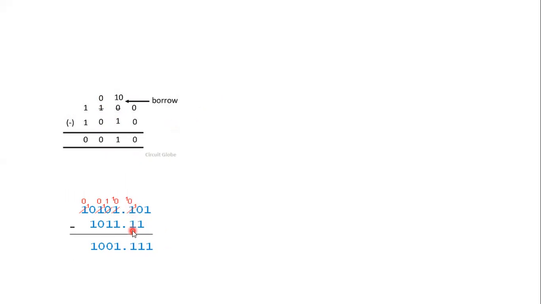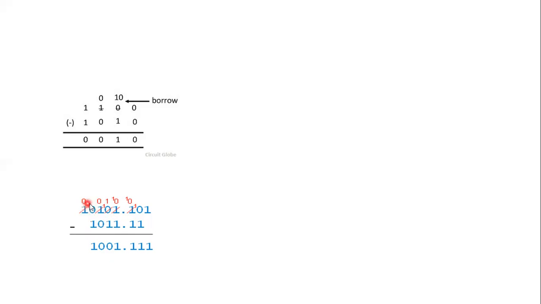So 0 minus 1, borrow. Therefore, we borrow from this digit. So 0 minus 1 is 1. Now this digit becomes 0. So 0 minus 1, again borrow from here. Therefore this digit becomes 0. This digit becomes 1. Okay. So 0 minus 1 is 1. So 1 minus 1 is 0. Here 0 minus 0 is 0.